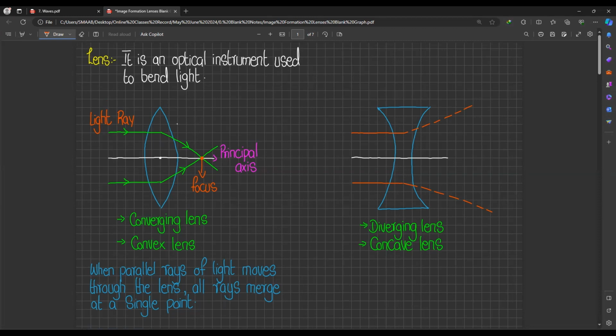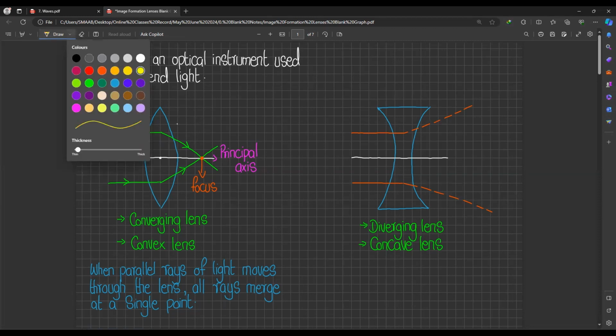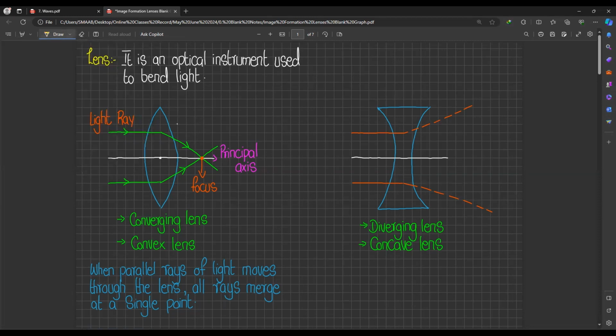And how do we make the image in the concave lens? We have to extend these lines in the backward direction just to get the image of an object. So at this point, we will get our image.